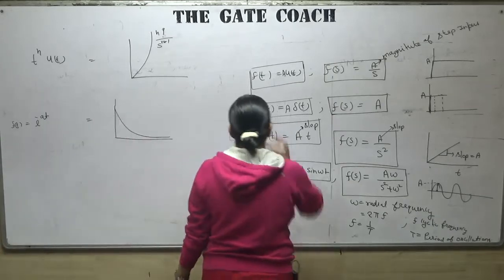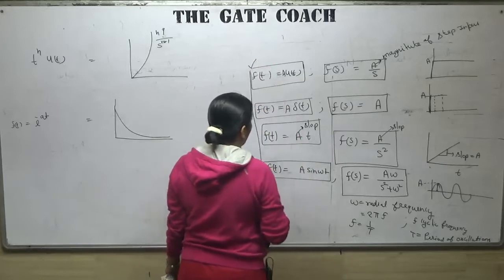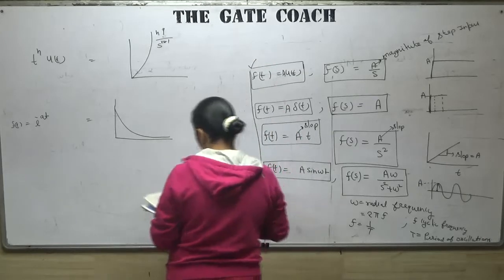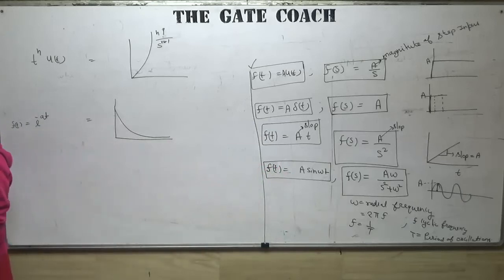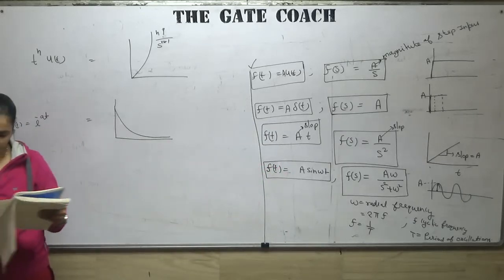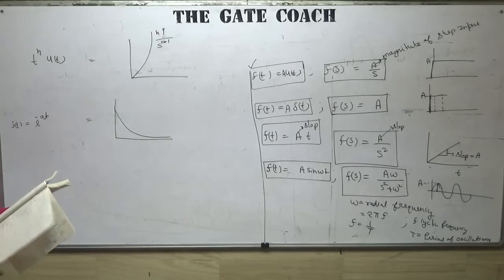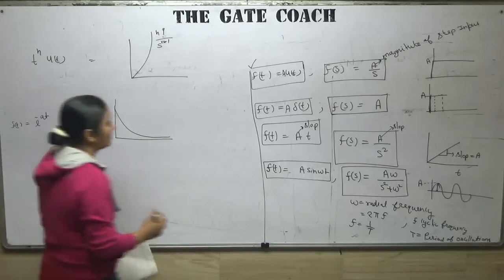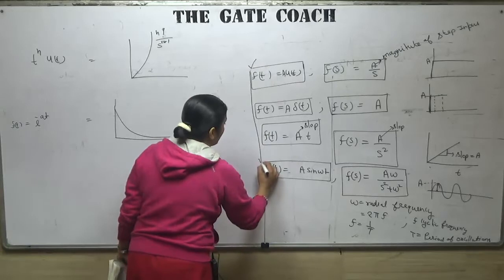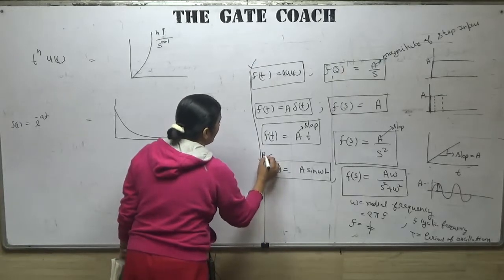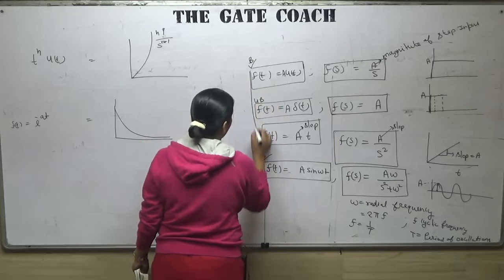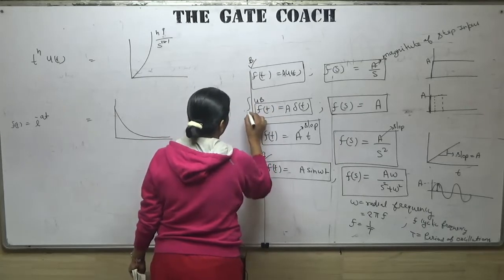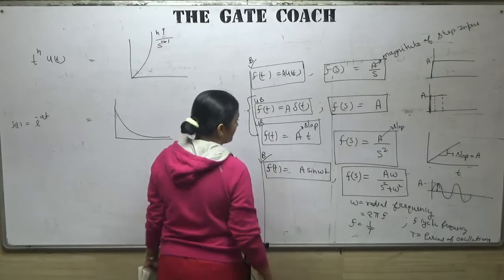One thing: the step input and the sinusoidal function are both bounded functions, and impulse and ramp are unbounded functions. These are the unbounded forcing functions.